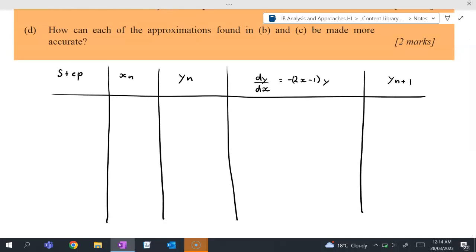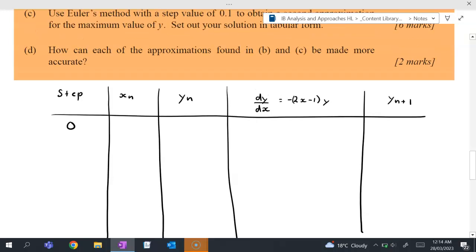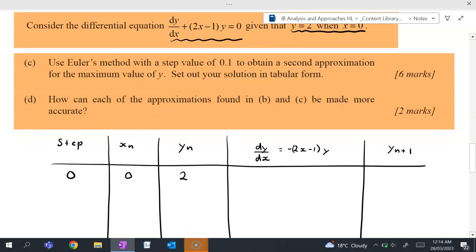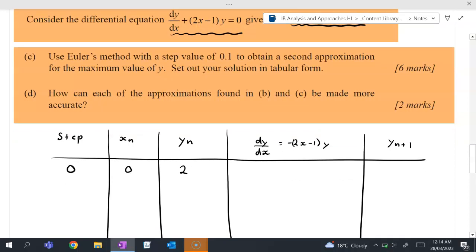Okay, alright, so step 0. Have they given us a starting point? Yes. When y is 2, x is 0. So the point (0, 2). We know that's on the actual original function. Everything else is going to be an approximation. And we've got a step value of 0.1. First of all, we're going to calculate the derivative when x is 0 and y is 2. That'll be minus 2 times 0, take 1 times 2.